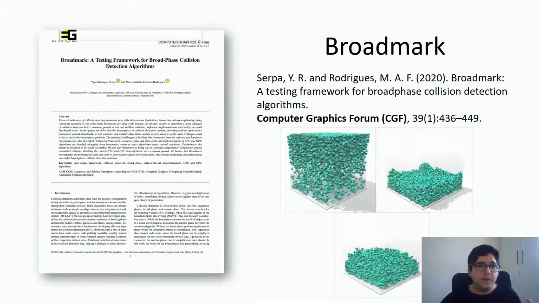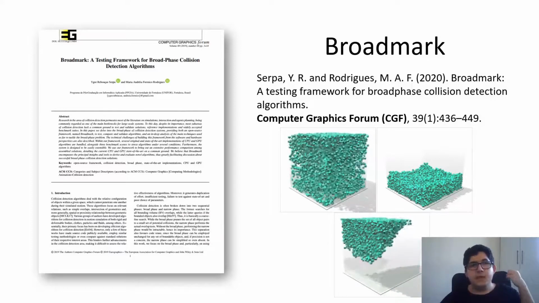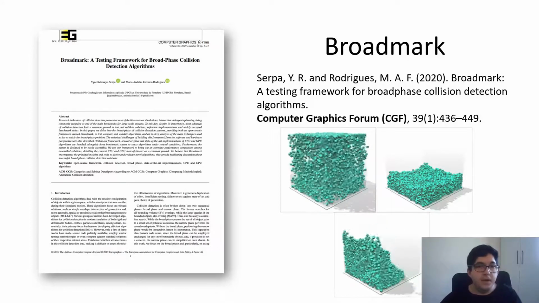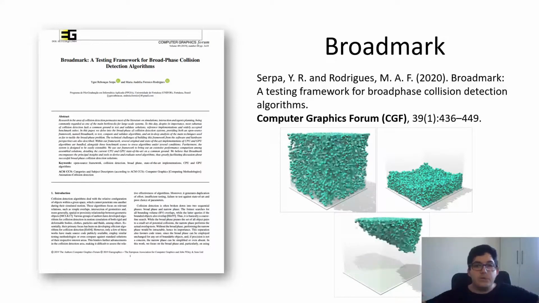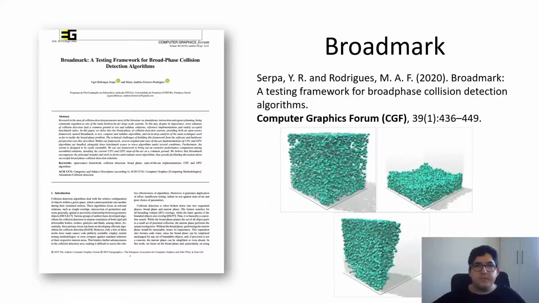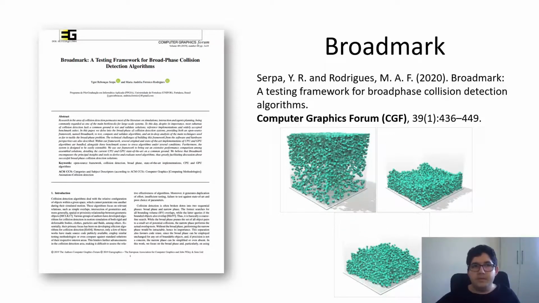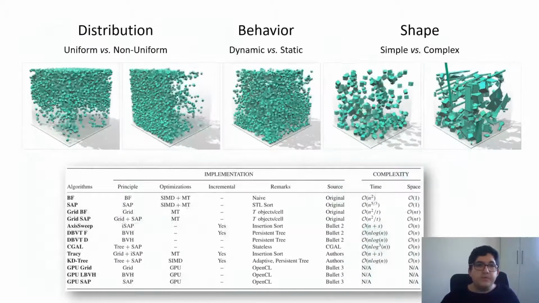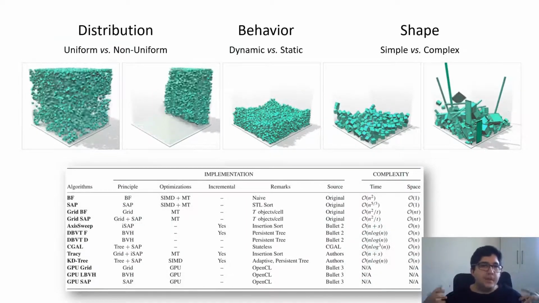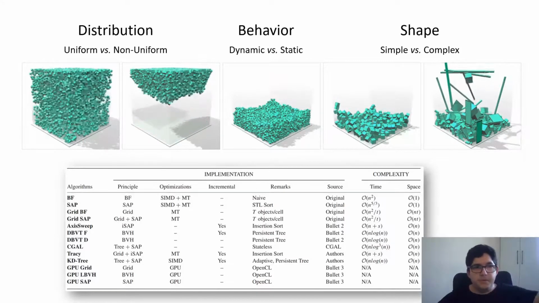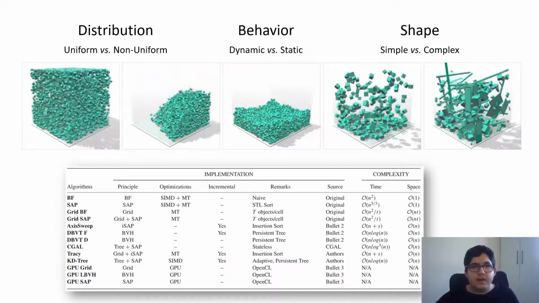It's an open implementation of algorithms, of benchmarks, and all made really accessible, made really extensible, so that people can make it bigger, add more tests, add more algorithms, measure different things, but in the end, contribute to the broad phase field. And we did an extensive survey of what people are really testing in each one of those papers, and we've created scenarios that can stress all of those things.